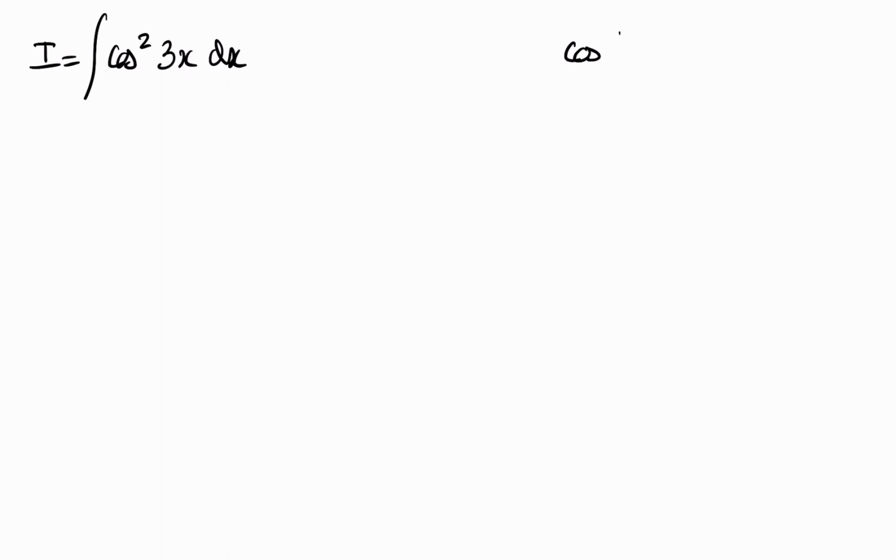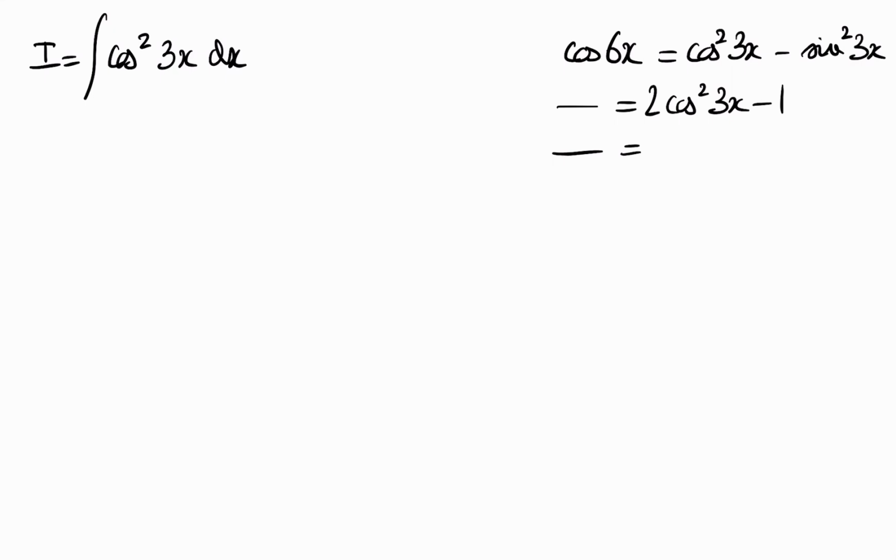Cosine 6x is equal to cosine square 3x minus sine square 3x, which is equal to 2 cosine square 3x minus 1, and also equal to 1 minus 2 sine square 3x.